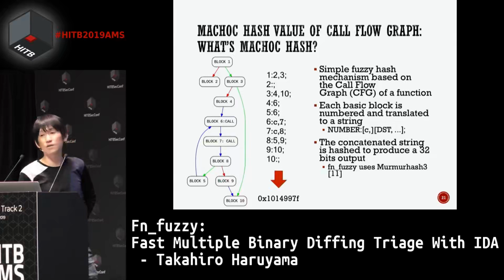Basic block 2 has no destination. Basic block 3 has destinations 4 and 10. Basic block 6 has destination 7, and it contains a call instruction, so character C is inserted. Finally, they will be concatenated into one string, then hashed to produce a 32-bit output.